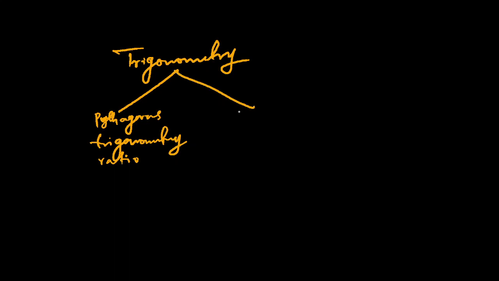On the other hand, we have the sine rule and the cosine rule. Now, why do I go in these 2 directions? I made mention of these types: Pythagoras theorem, trigonometric ratio, sine rule, and cosine rule.